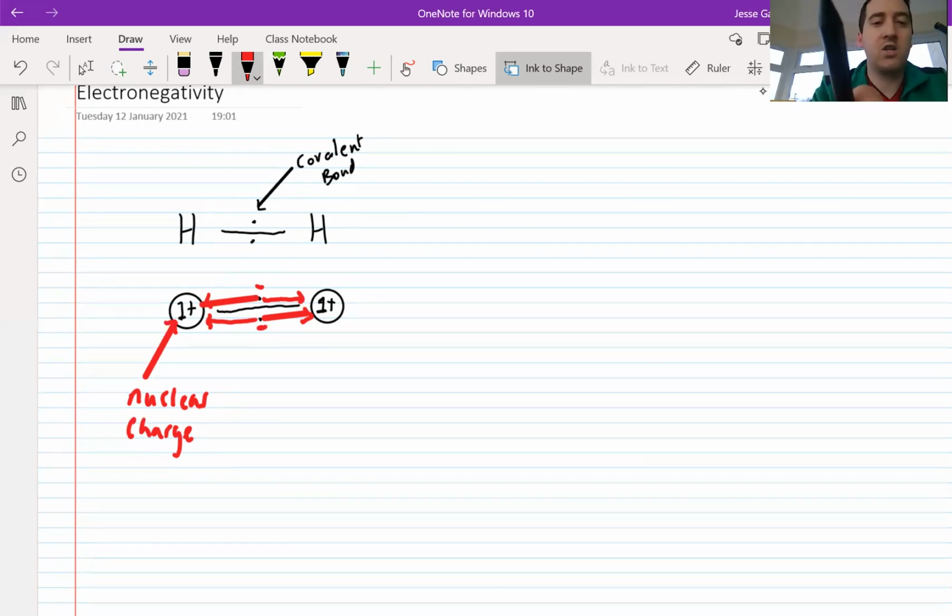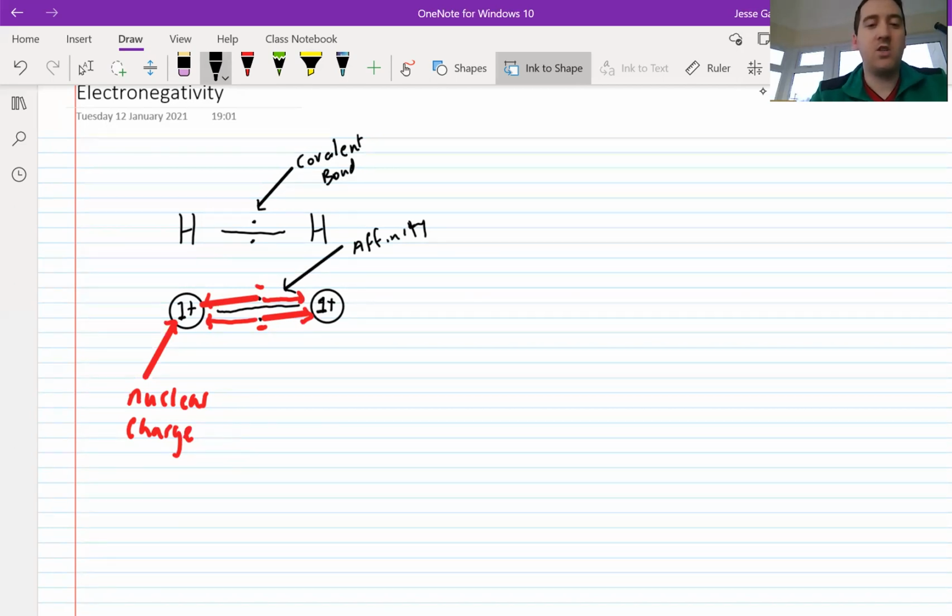We call this attraction between the negatively charged electrons and the positively charged nucleus the affinity. We say that these oppositely charged things have an affinity for each other. So affinity just means that they like or are attracted to each other. So the electrons and the nucleus have an affinity for each other.